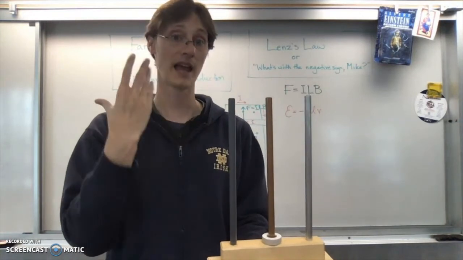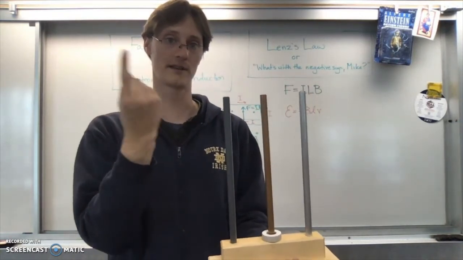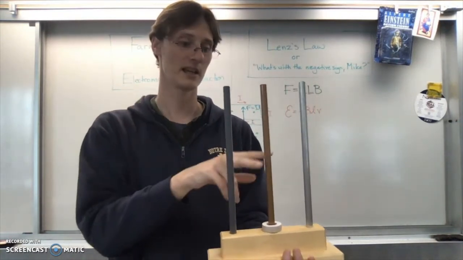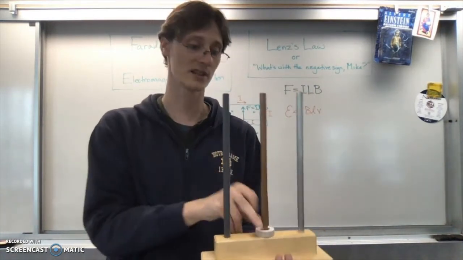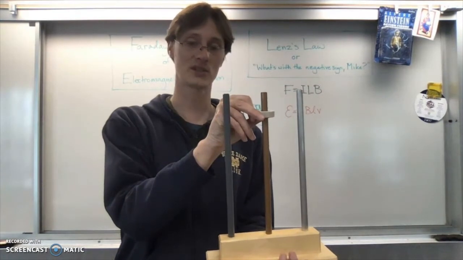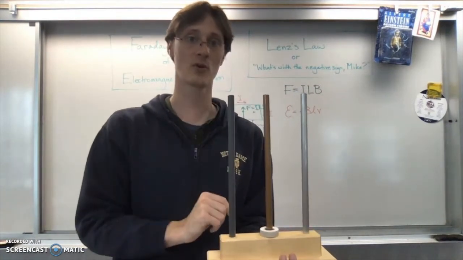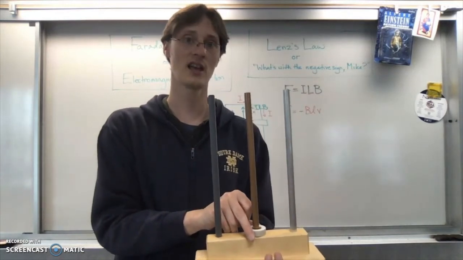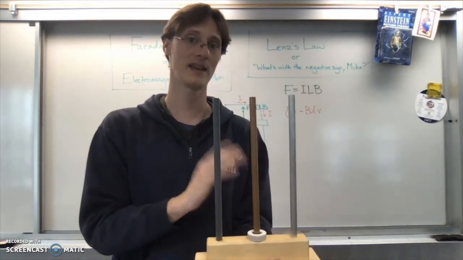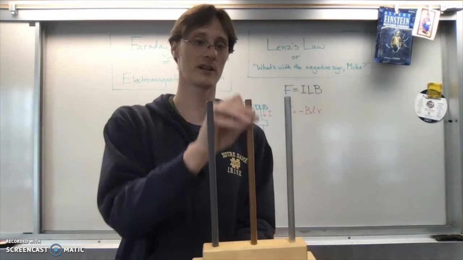But the eddy currents, which are going to go either this way or that way in that cross-section, are going to attempt to oppose the change in flux, which means exerting an upwards force on the ring. That's the only way that you could oppose the change. So as long as it's falling, that force will continue to push upwards on it.